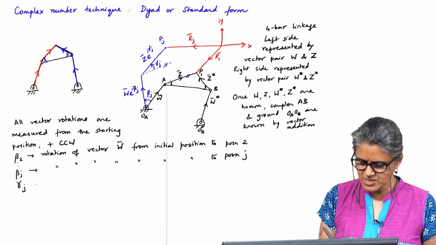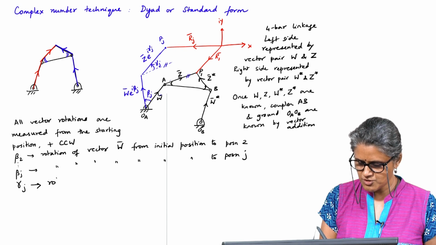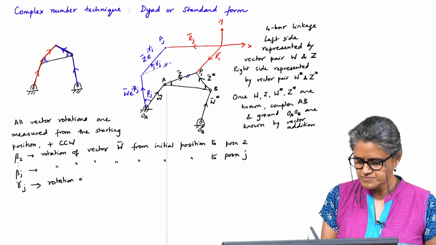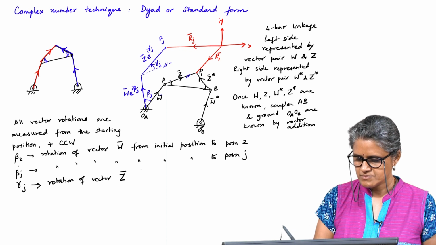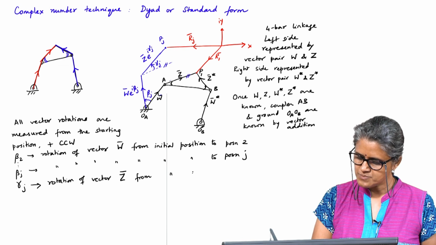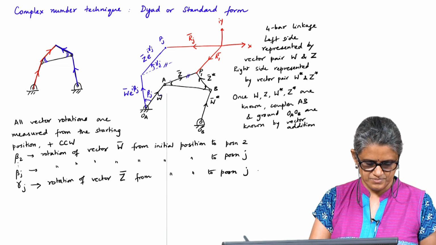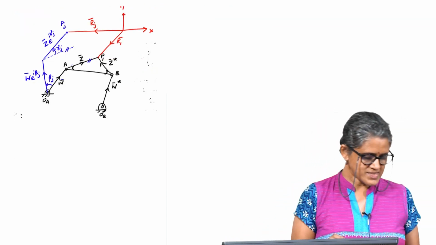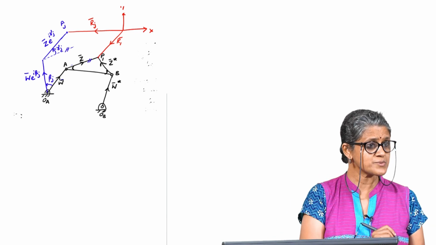Similarly, gamma j is the rotation of the other vector from initial position to position j. So, let us say I want to write the loop closure equation for this.